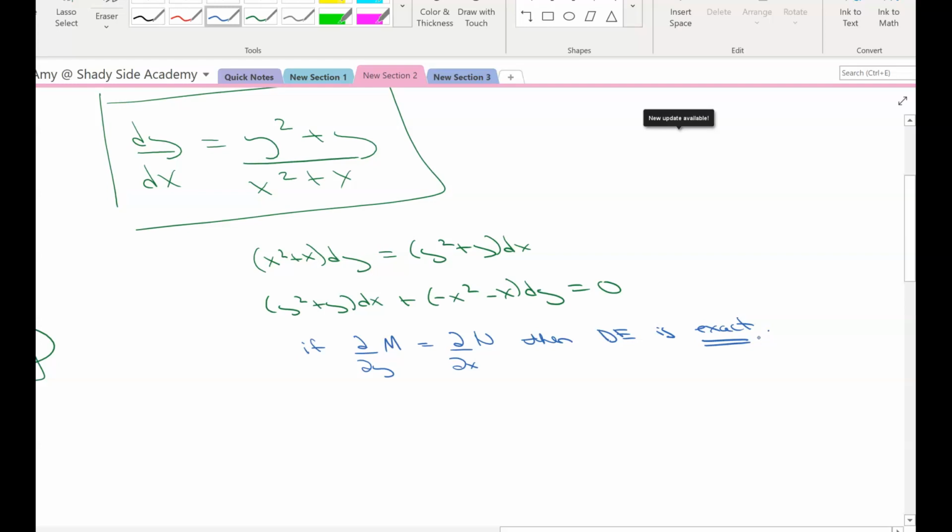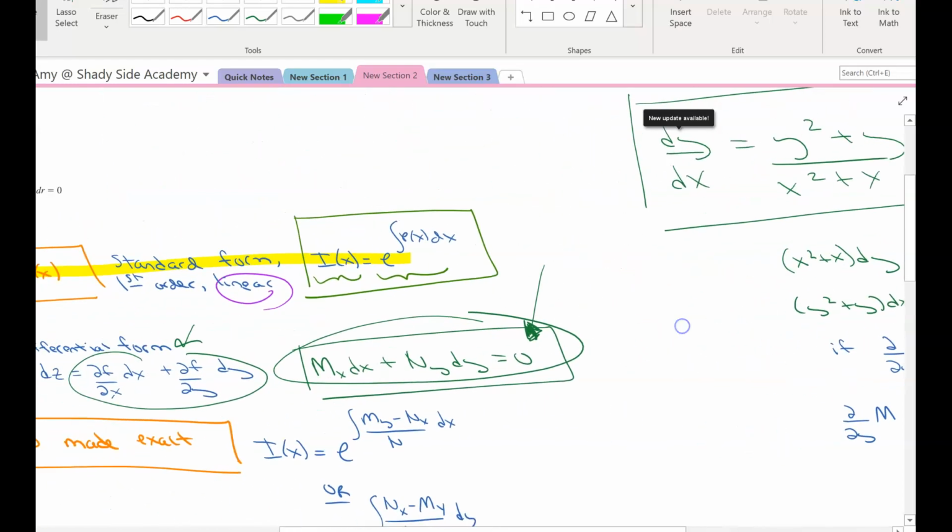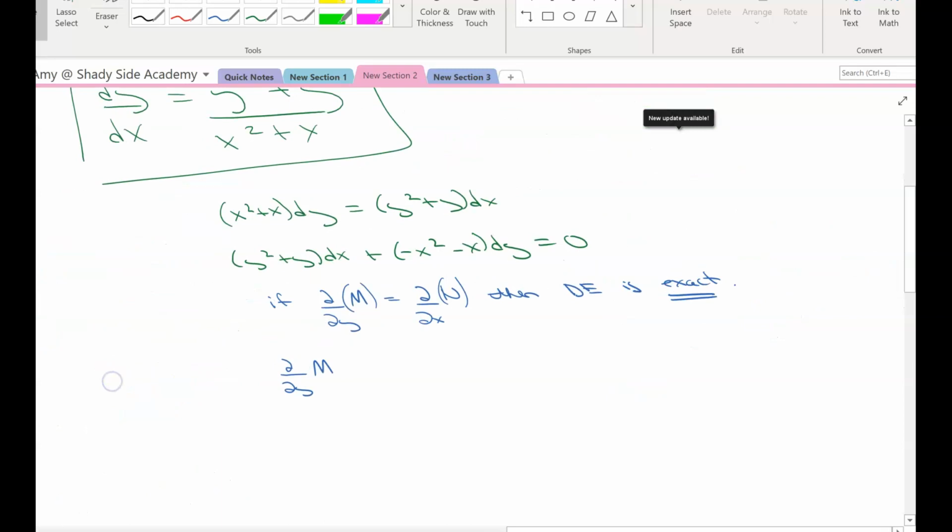And if we do this, we have the following. It's just M and N, right? Yeah, M and N. The partial of M with respect to y equals 2y plus 1. The partial of N with respect to x equals negative 2x minus 1.